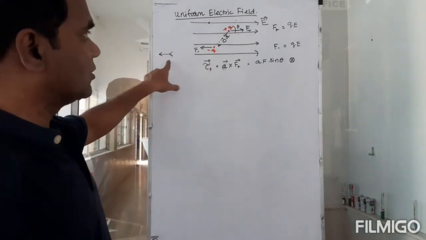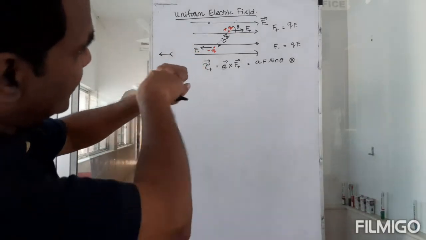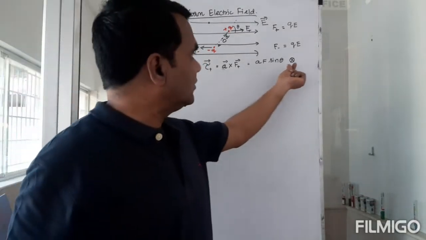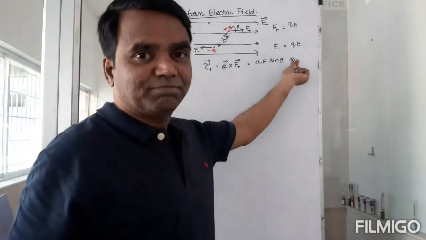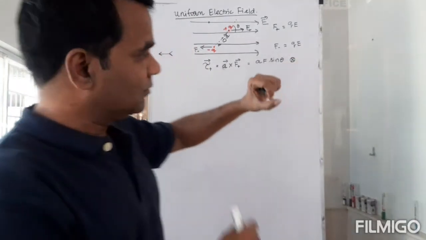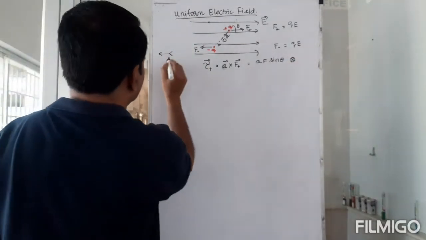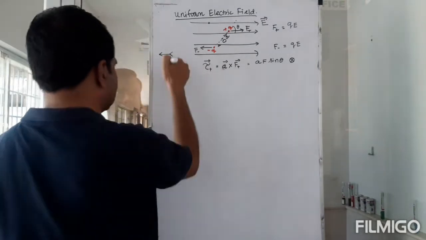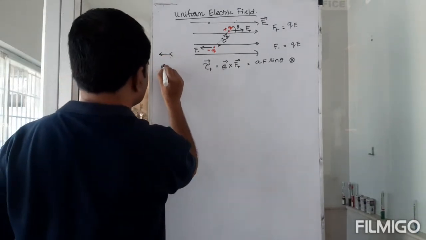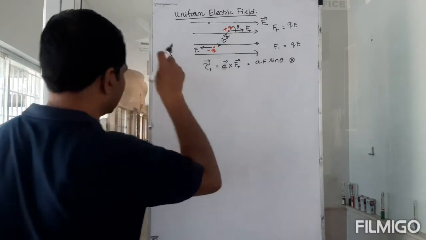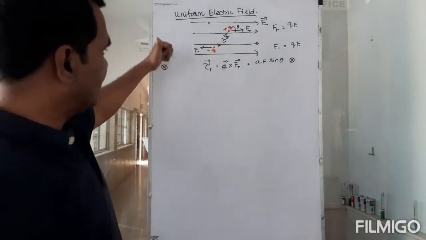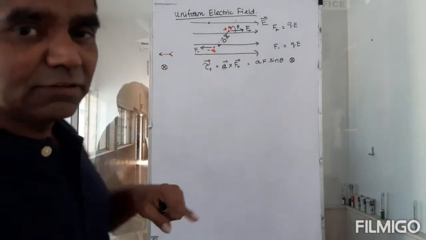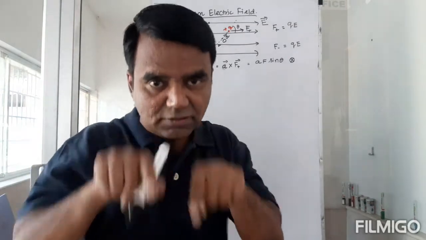If the arrow goes into the board, what would I see? I would see the back of the arrow. So the back of the arrow will have this plus sign, right? If I look at it from here, the arrow goes in, then I should be able to see this one. But when the arrow comes towards me, then what would I see? I see the tip of the arrow.